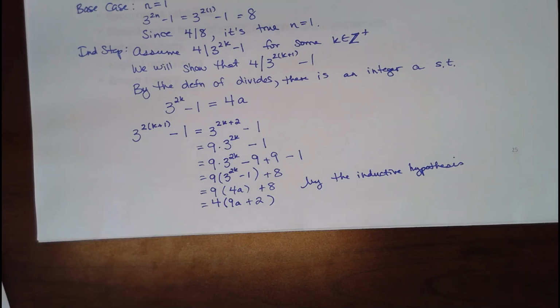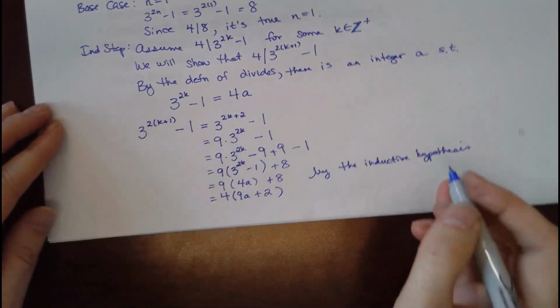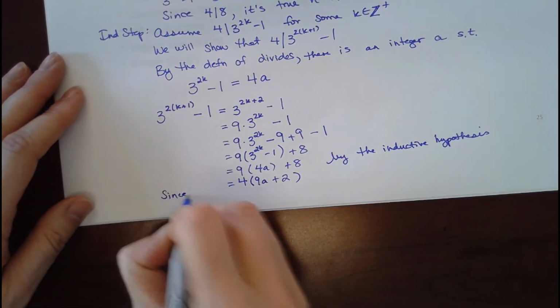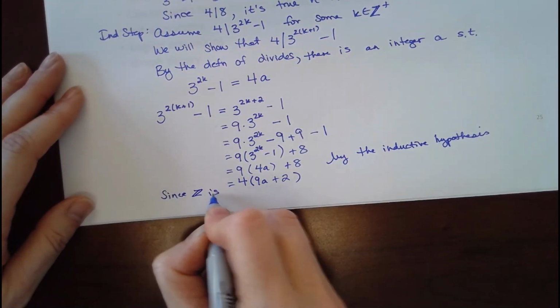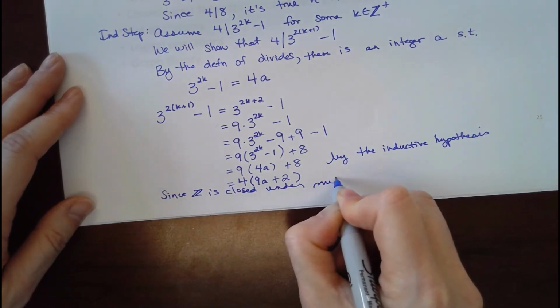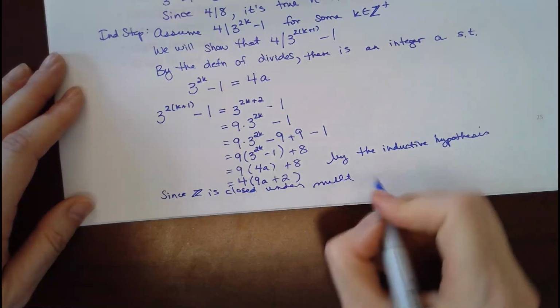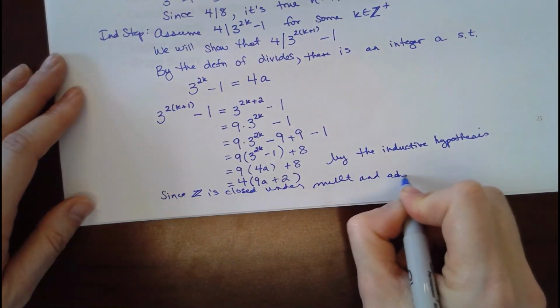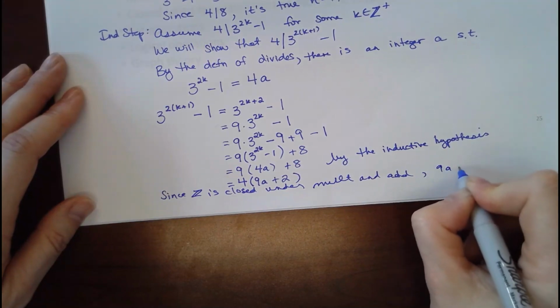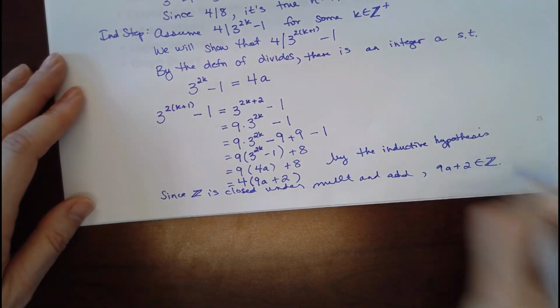Hopefully we've seen this in the past. Yeah, since the set of integers is closed under multiplication, which is what's happening here, and addition, which is what's happening here, we know that 9a plus 2 has to be an integer.